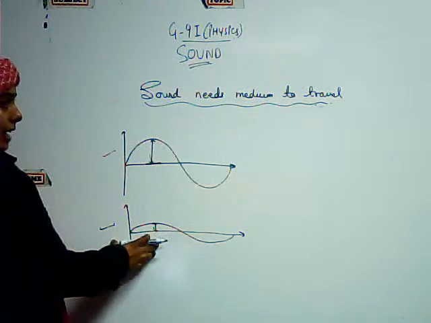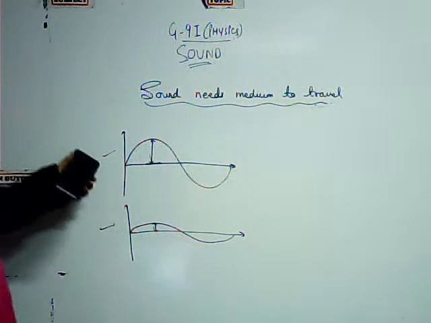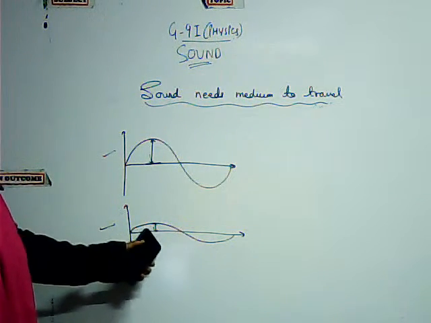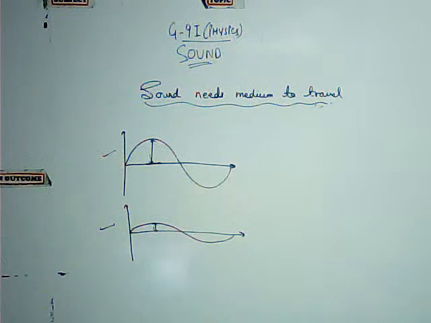मतलब this is having less loudness, this is having more loudness. This is more loud, this is less loud. Fine. Why? Because amplitude is less, loudness less. Amplitude more, loudness more. समझ में आया?